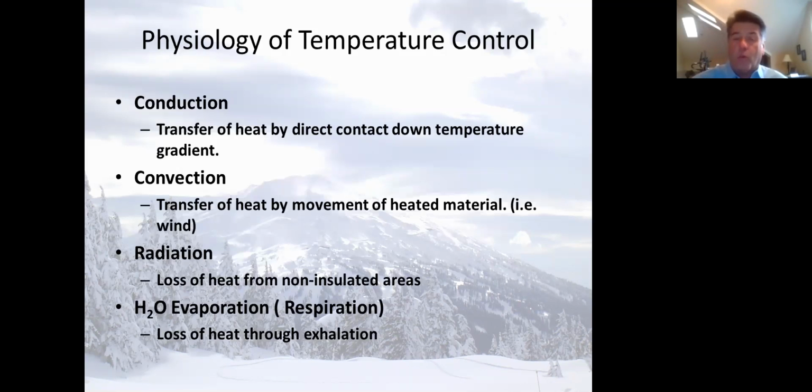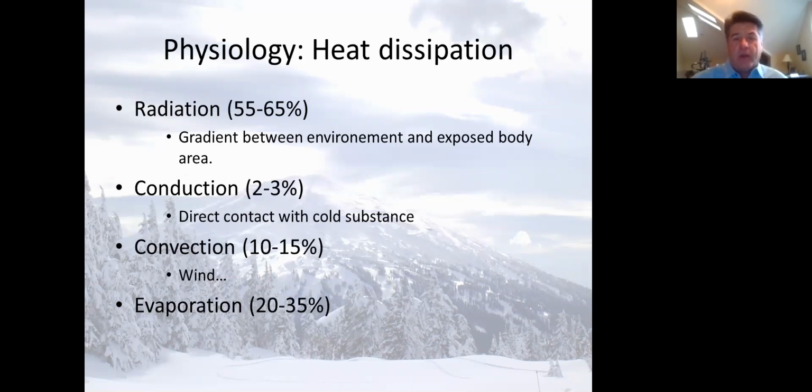So if you're walking up a mountain or stuck in the snow and you're trying to get out, you're going to burn up a significant amount of heat by respiration because you're going to breathe faster. These are relatively standard heat dissipation percentages.